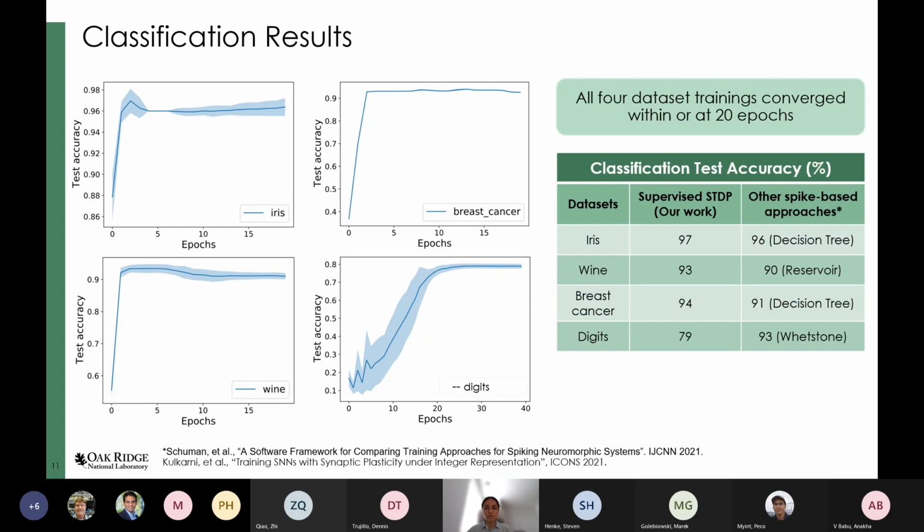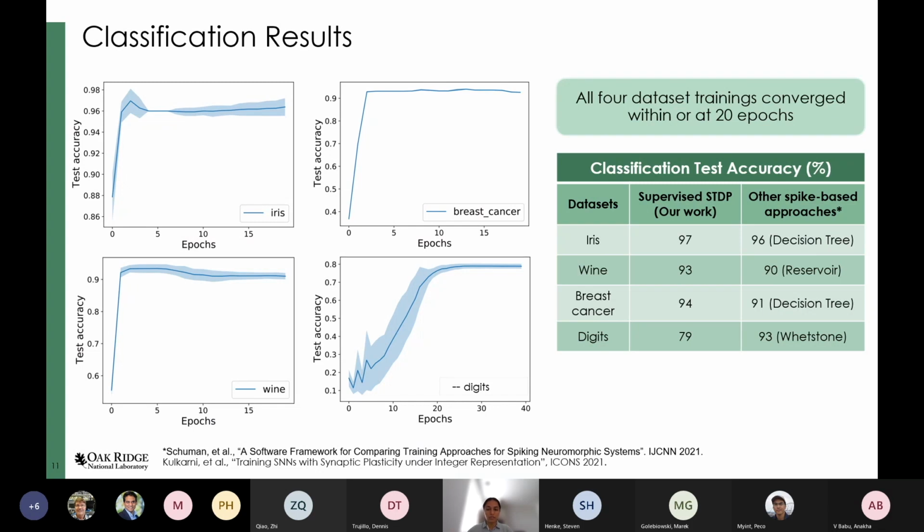So when we compared our results with some of the other spike-based approaches that were listed in the literature, at least for the three simpler data sets of iris, breast cancer, and wine, we obtained close to the best results that have been published previously.